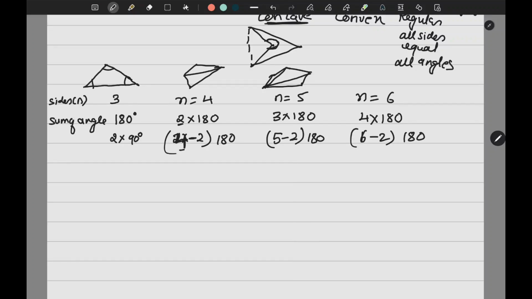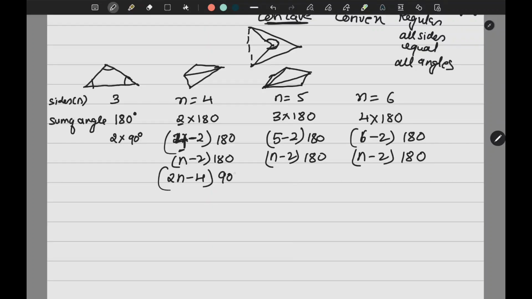Basically, this is your n. If you observe, n minus 2 into 180, n minus 2 into 180. And the standard format is, I can write it as (2n minus 4) of 90.